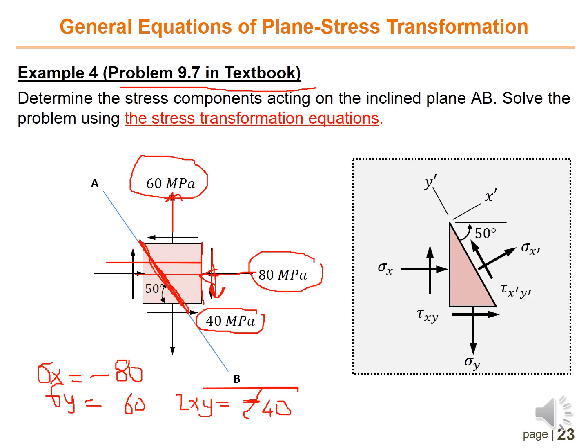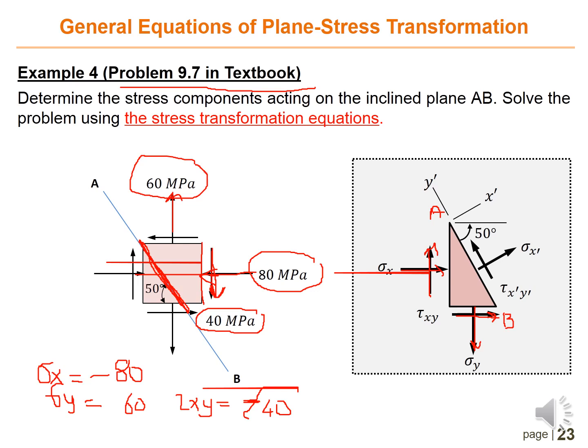You have this triangle shape, and then you draw the original sigma x, sigma y, tau xy at the bottom surface, and tau xy at the left surface. Now this is the plane AB.